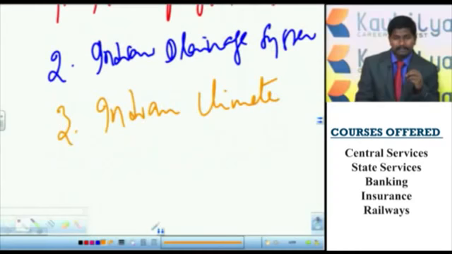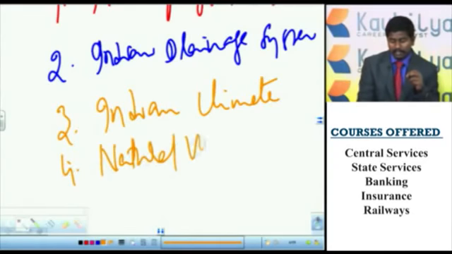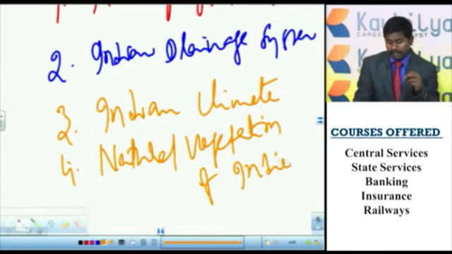Then later we will go to the Indian forest cover or natural vegetation of India. In natural vegetation, we will discuss the forest cover, the grasslands, the shrubs and thorns spread in different pockets of the Indian landmass, and how this type of natural vegetation developed in that particular area.